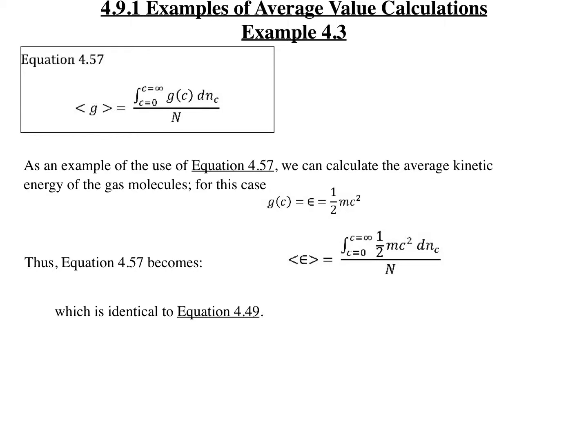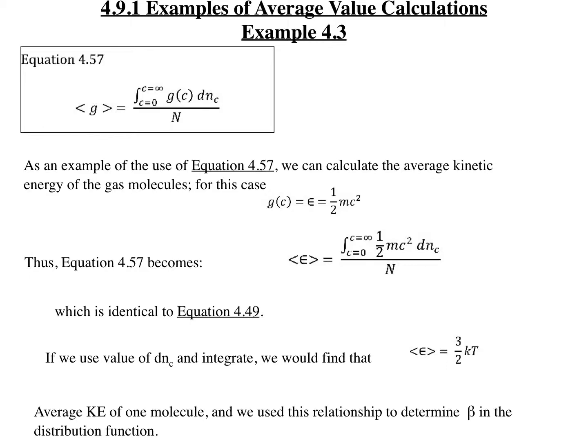Now if we substitute the value of dn(c) and integrate, you should get E equals 3/2 kT. The average energy of one molecule is 3/2 kT. So this is the illustration of how we can calculate the average properties of molecules by knowing the distribution functions. And we use this in the deduction of beta in the distribution function in the lecture, and you will see this already by that point.